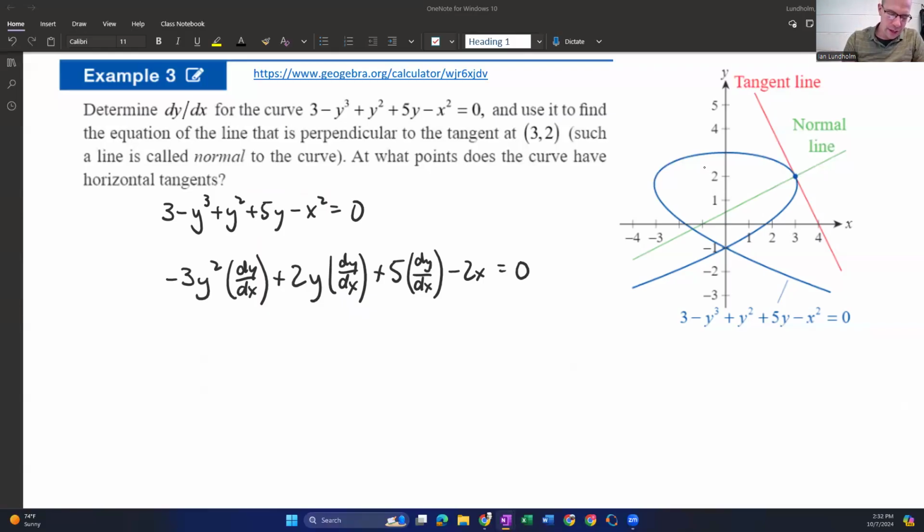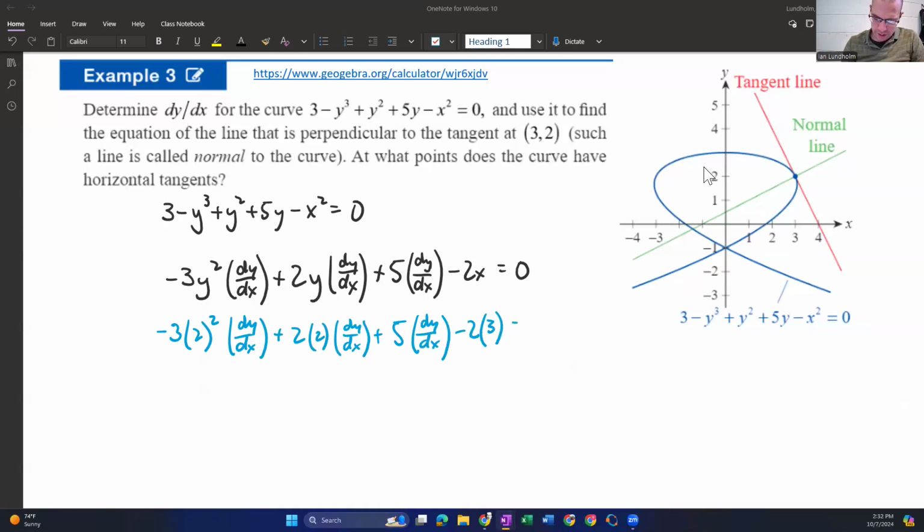So if we went negative 3 with a 2 squared instead of y squared, and then 2 times 2 dy/dx, and 5 times dy/dx, and minus 2 times 3 for the x coordinate. Sometimes this will save you a lot of time. Sometimes maybe not as much. I feel like this is kind of in the middle.